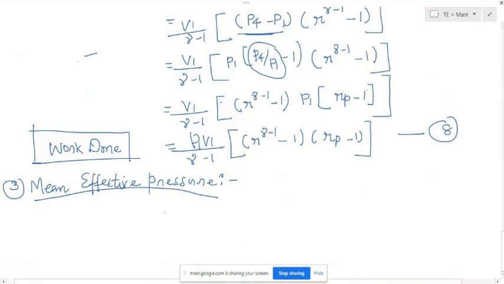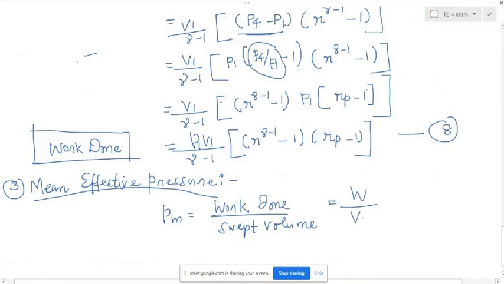So generally we can use the formula: mean effective pressure is nothing but work done to the swept volume, otherwise we can say stroke volume, right? So the formula is W divided by V1 minus V2. So this is the basic formula for mean effective pressure.